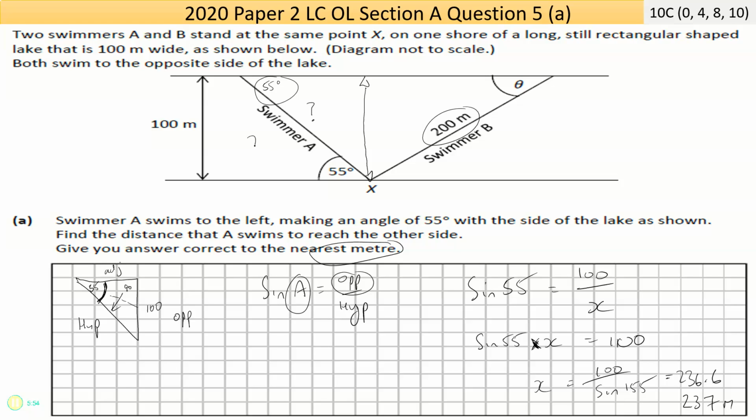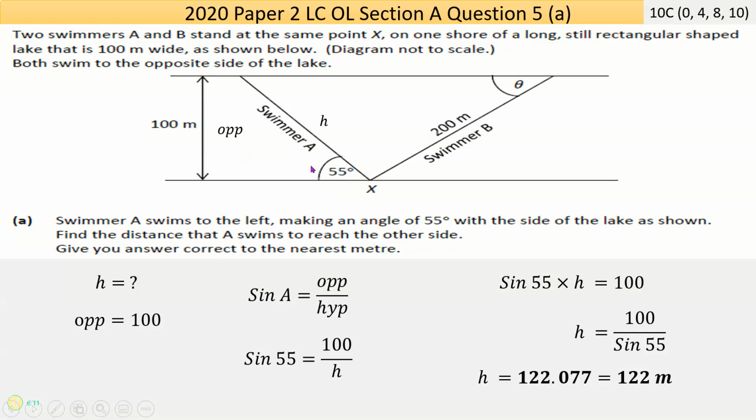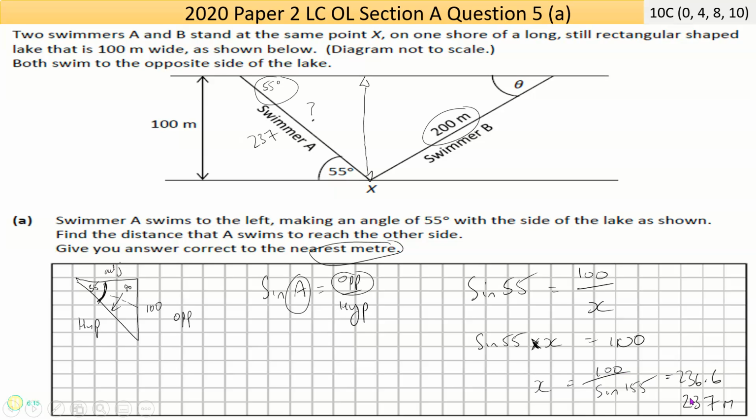So that length there is 237. Now, does that make sense? It looks like it would be more than 100, so I can't say I'm majorly wrong with it. It's not crazy, like a negative number or something. So that's part A. Now, just on the next page there, it's the answers. Although, why did I get a different answer?